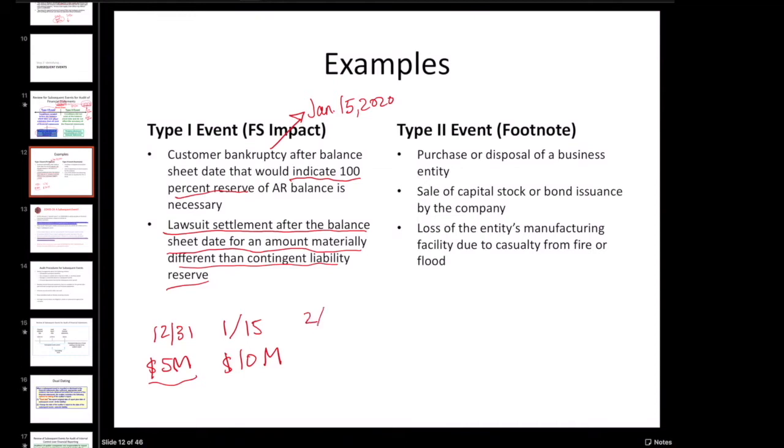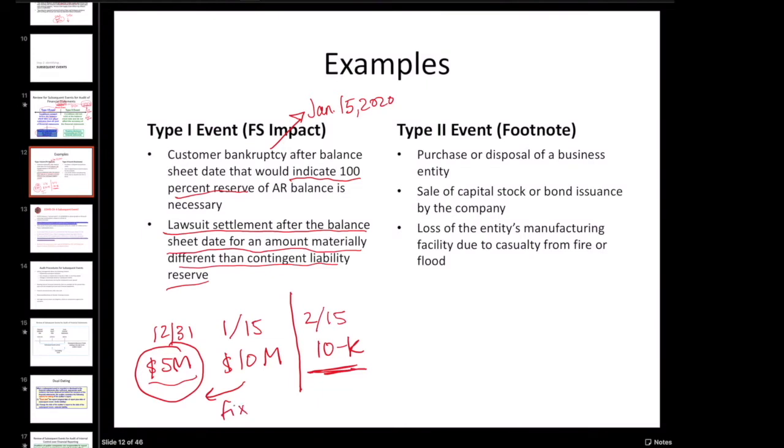And remember, the actual date of my financial statements coming out is February 15th. So the idea here is exactly the same. I now know that this $5 million balance in my financial statements is incorrect. And because I have not issued my financial statements yet, which doesn't happen until February, I can use my power of 2020 hindsight to fix my financial statements.